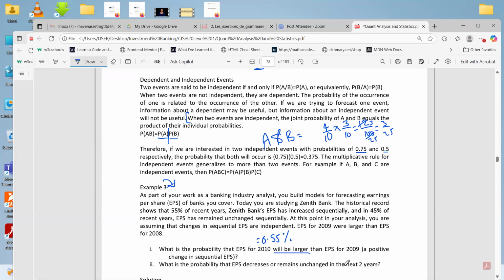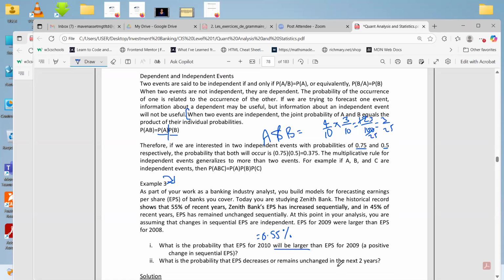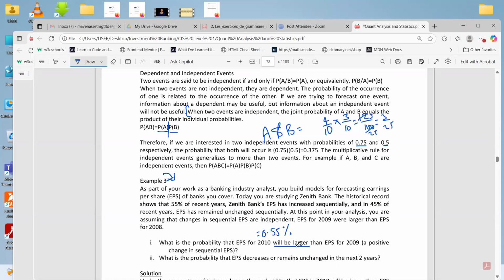Sorry, is it 0.55 or 55%? My bad, sorry about that. Are we clear now? Yes, thank you. All right, thank you for spotting that.